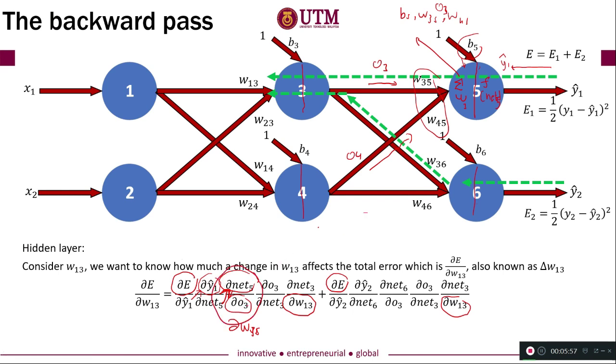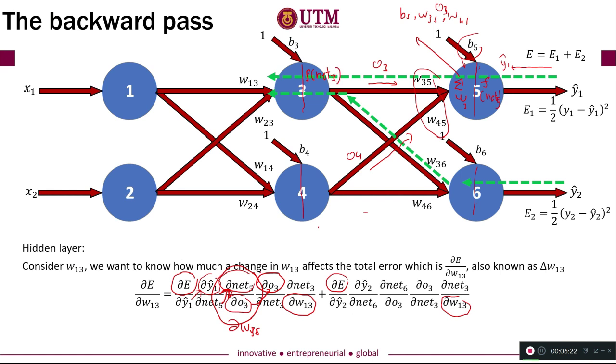Then you can continue your chain rule with del O3, and O3 is related to the activation function f, and the input of that function is net 3.